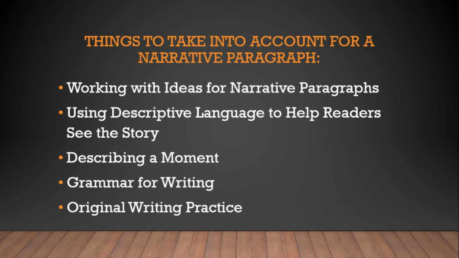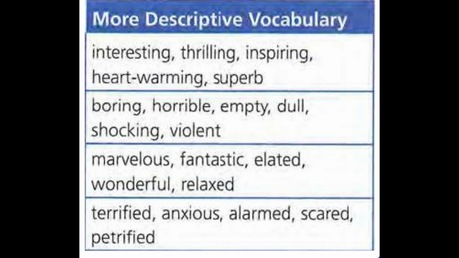Using descriptive language to help readers see the story. In narrative writing, we want the readers to be able to imagine that they are actually in the story with us. In order to accomplish this goal, we need to describe the story and the experience as carefully as possible.